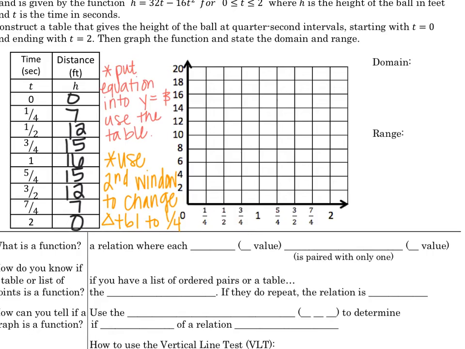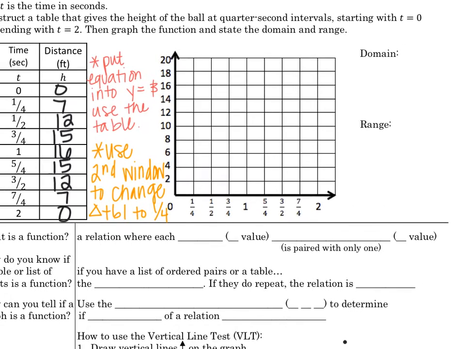But that graph ends up looking something like this. So we start here, and I'm going to end here at 1. We're at 16. What is that? 3/4, we're at 15. This one we're at 15.